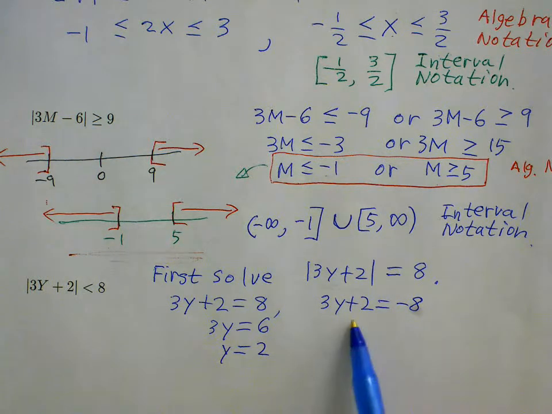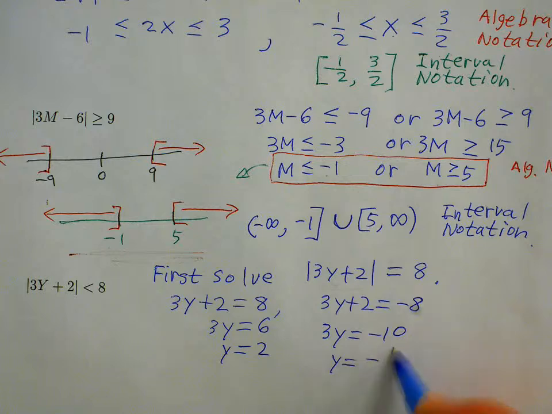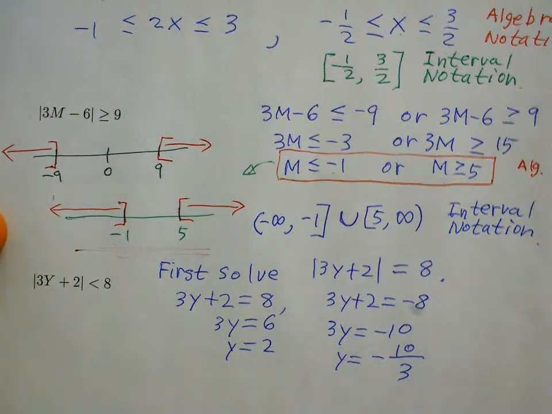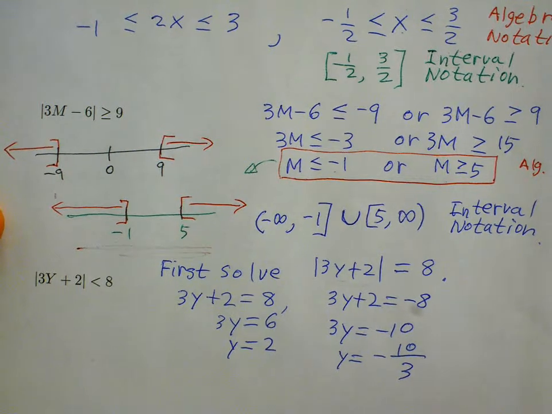Solve the other equation for y, subtract 2 from both sides, we get 3y equals negative 10, and y equals negative 10 thirds. Okay, with those two numbers, 2 and negative 10 thirds, we plot them on the number line.